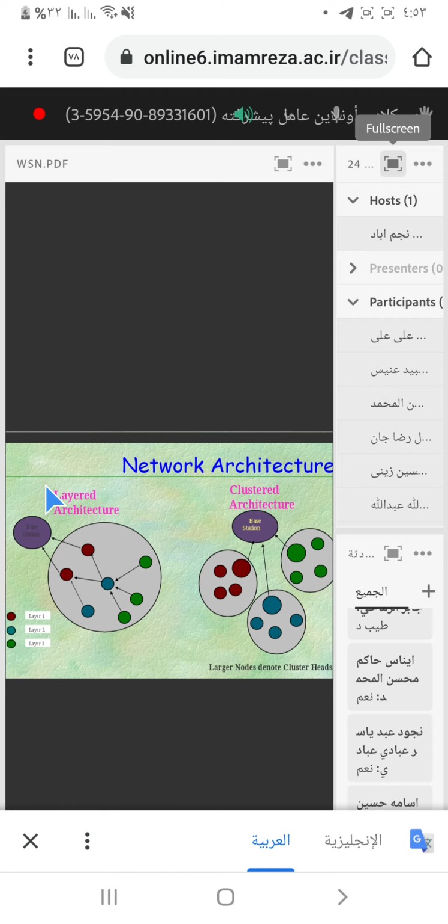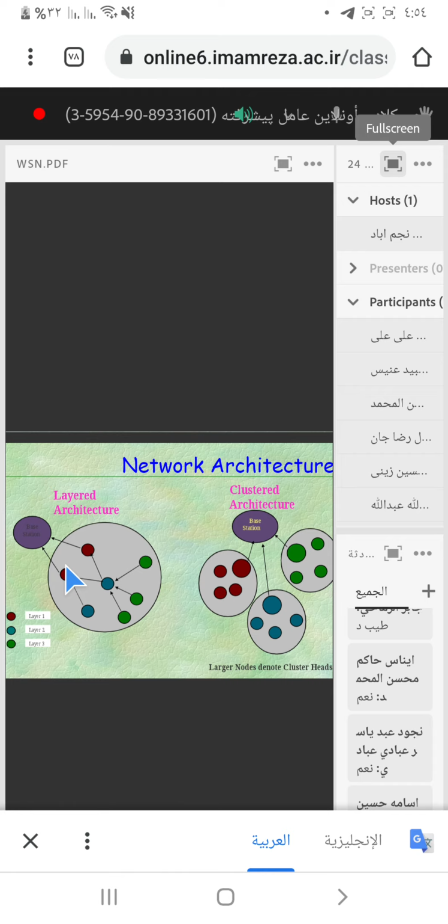We saw the layer architecture. We saw that the nodes are grouped in some layers according to the hop count to the base station.